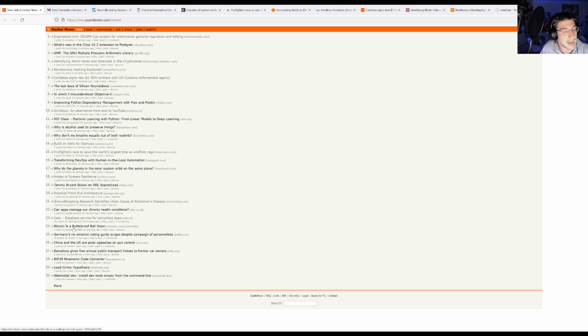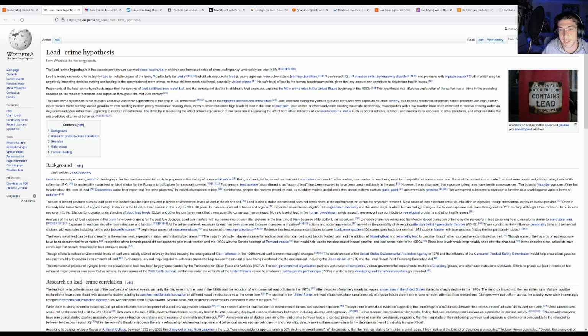Barcelona gives free annual public transport tickets to former car owners. 28. BIP39 mnemonic code converter. 29. Lead crime hypothesis. What is a lead crime hypothesis? I like those random Wikipedia links.